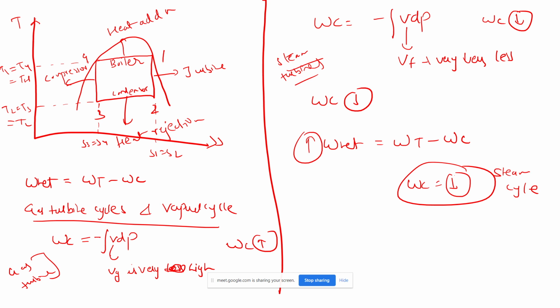Now, can anyone tell what are actually the drawbacks of the Carnot cycle? You have already studied it in your thermodynamics.